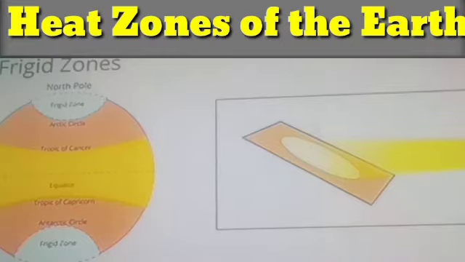Why? Because the sun does not rise much above the horizon. So, the rays are always slanting and provide less heat.